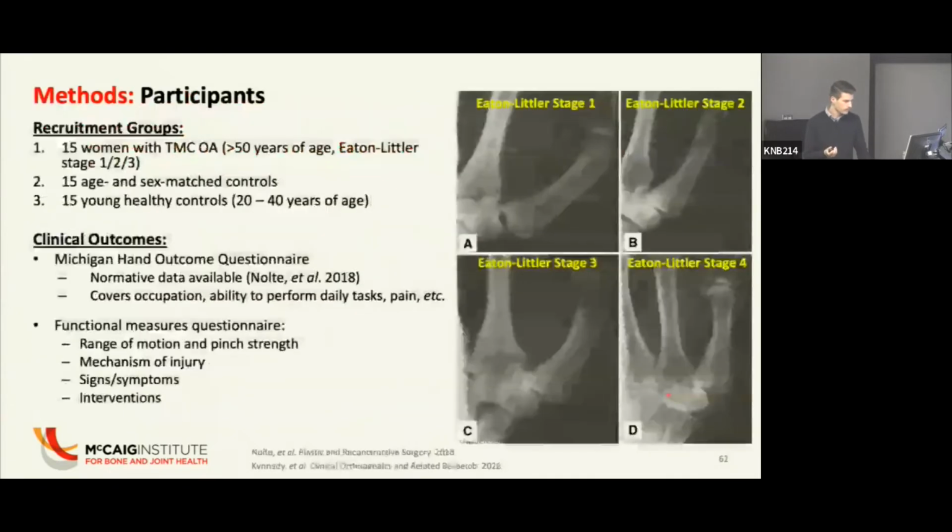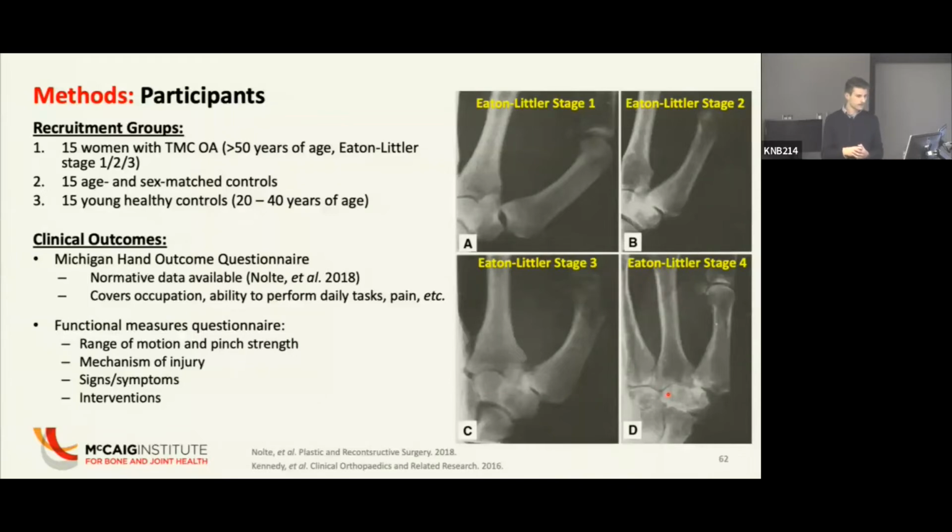So for this study, we're recruiting 3 different participant groups, all women. First, 15 women with TMC osteoarthritis, and for that, we're looking at Eaton-Littler stages 1, 2, and 3. Ideally, we planned on using earlier stages of osteoarthritis, somewhere where we may not see symptoms, but we do see radiographic evidence.